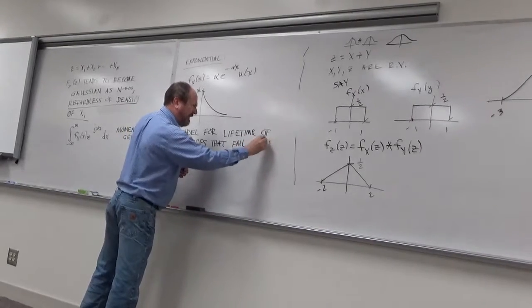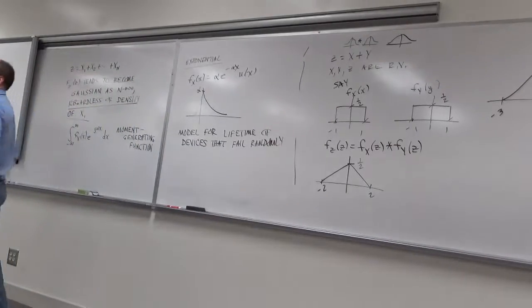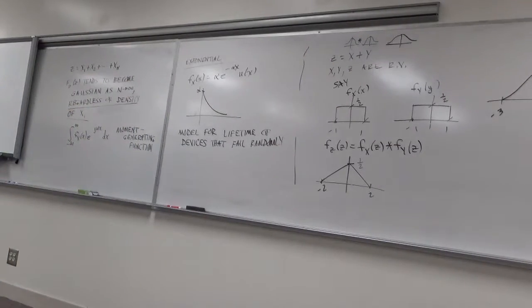And what do I mean? Everything to some extent fails randomly. But I'm not talking about things that wear out. There are certain things. Somebody asked me, I was talking about this some years ago, and somebody asked me, could you model like a car engine or something with an exponential model?